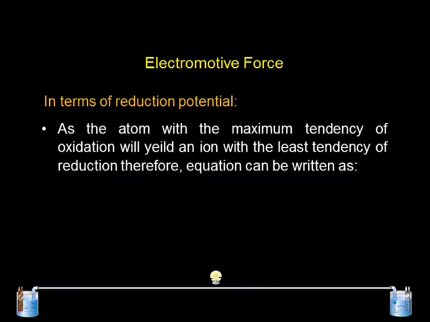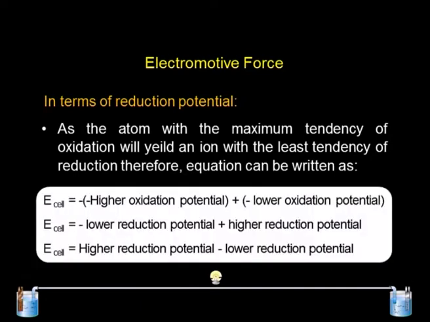Therefore, the equation can be written in different forms, such as E cell is equal to minus higher oxidation potential plus lower oxidation potential. We can also write E cell is equal to minus lower reduction potential plus higher reduction potential, or we can write E cell as higher reduction potential minus lower reduction potential.